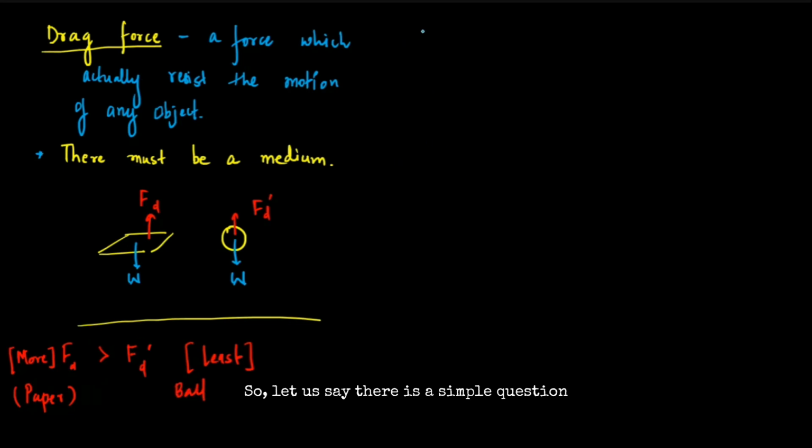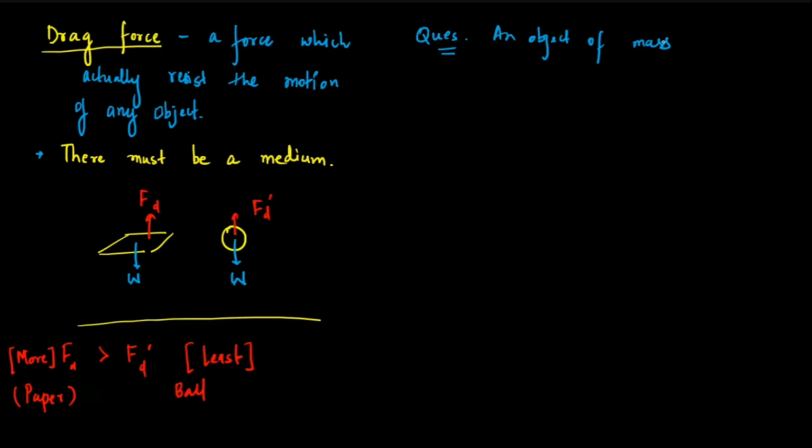So let's say there is a simple question, and the question says an object of mass, let's say 5 kg, is dropped such that a drag force acts on it.